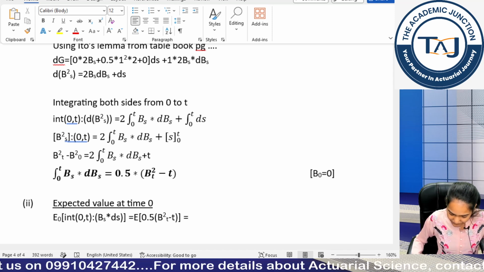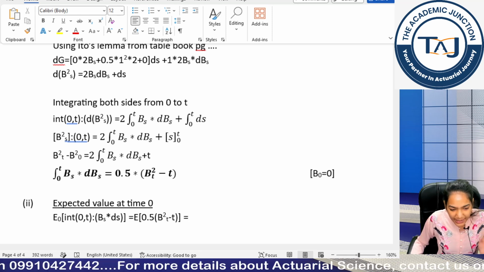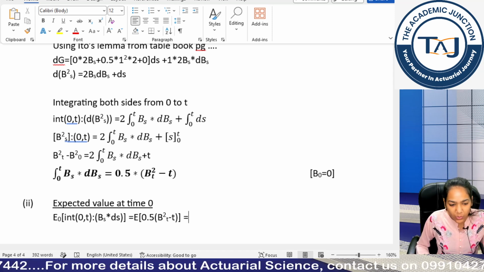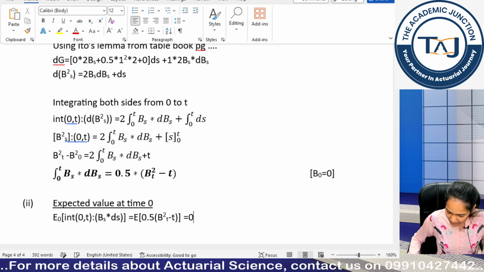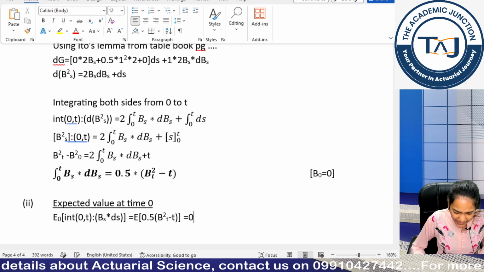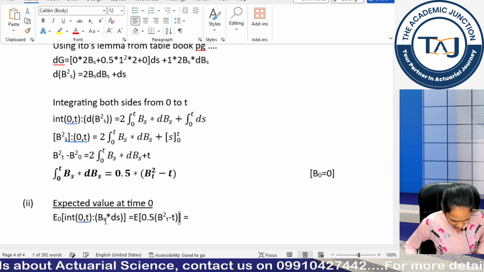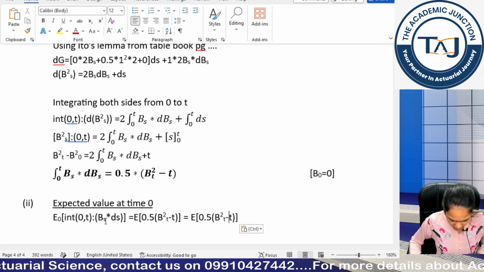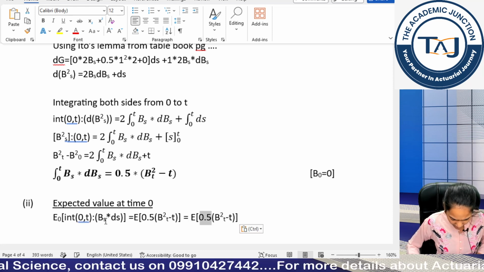Okay, typing in the equation editor, getting the equation editor bar itself takes 2 more keys. So 0.5 star expectation. What I will do is copy paste this whole thing and take this 0.5 out. So why write the whole thing again and again?